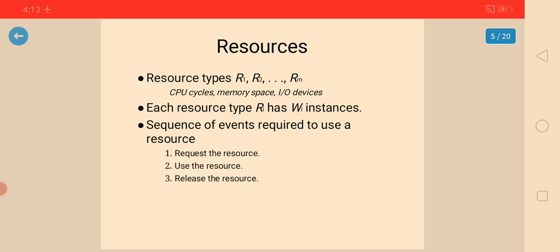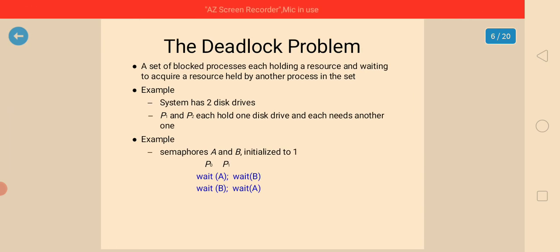Sequence of events required to use resources: request the resource, use the resource, release the resource. A process in an operating system uses resources in these three steps: request, use, release.